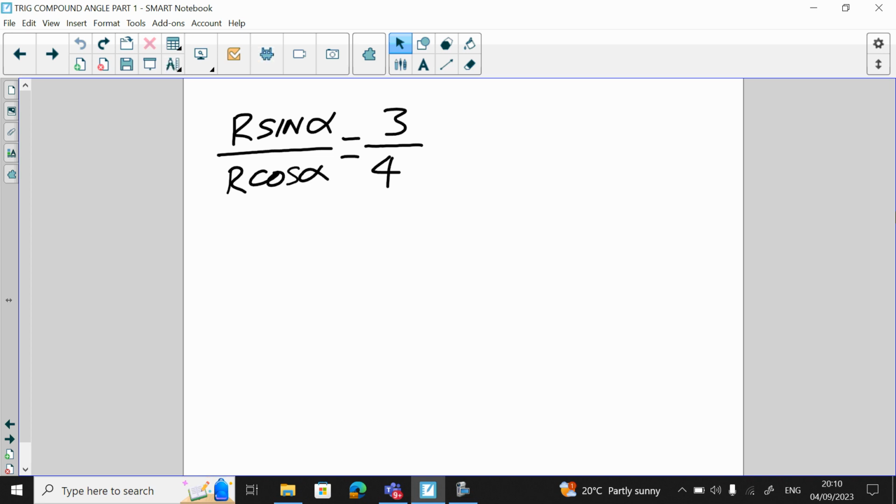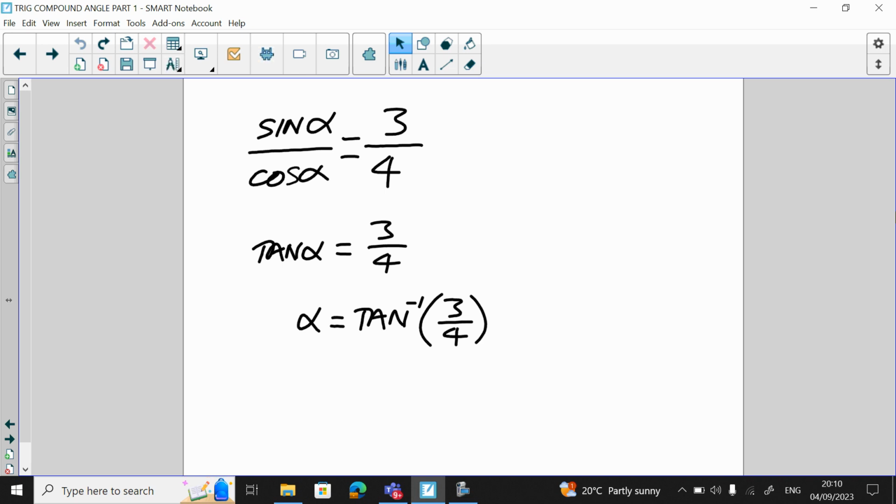I'm going to have sin alpha over cos alpha equals 3 over 4. And sin alpha over cos alpha, a trig identity, is tan alpha equals 3 over 4. To isolate tan, the opposite of tan is inverse tan, not fake tan. So inverse tan of 3 over 4 in degrees. And it doesn't matter.